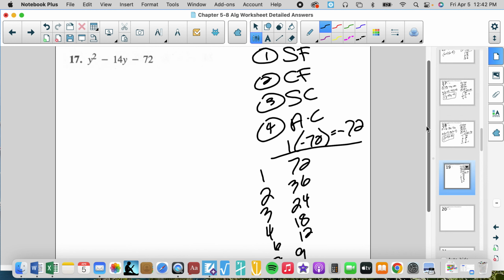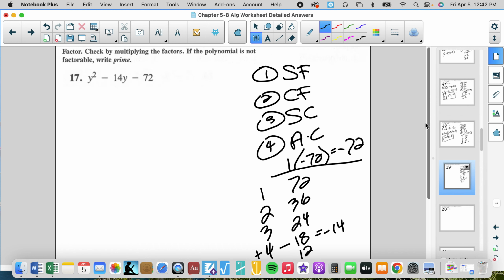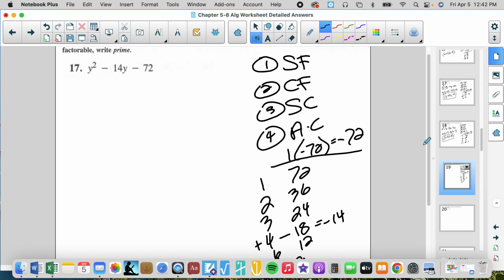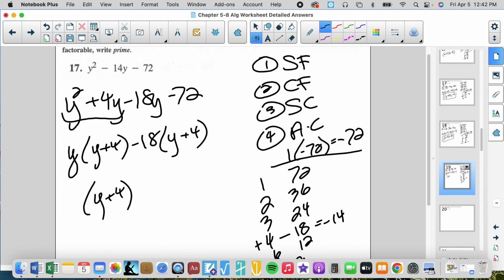Signs are different. Bigger is negative, 14. That's going to be those two. So no need to go through all of them. If we can find the factor pair that works, which is 4 and negative 18, let's jump to it. Let's just cut to the chase. y plus 4, minus 18, y plus 4, y minus 18.